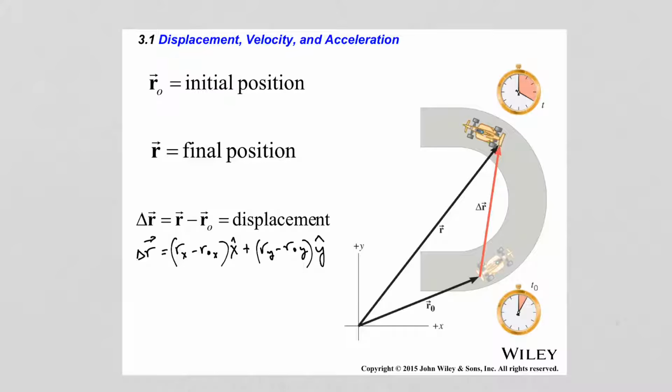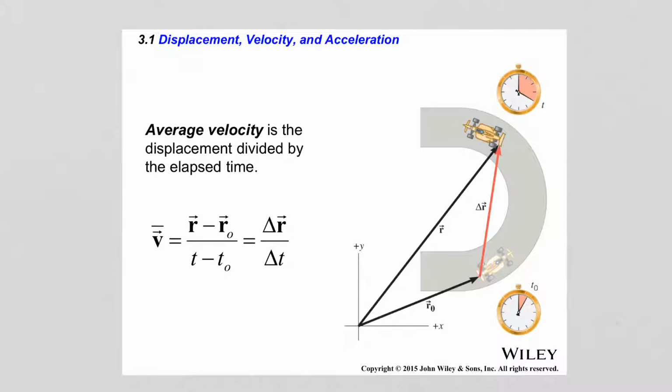And the y component will be the y component of r minus the y component of r0. So this part here is delta rx, and this part here is delta ry.